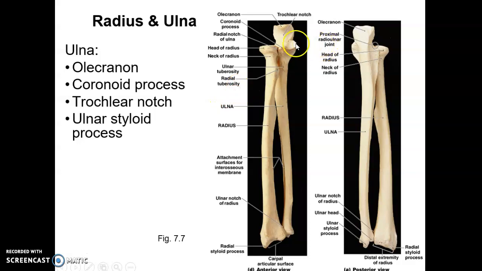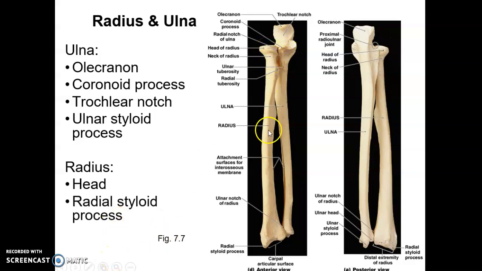Then distally, down here, there's a little bony protrusion, and that's called the ulnar styloid process because it's on the ulna, and that helps form the articulation at the wrist with the carpals. Okay, that's it for the ulna. On the radius, the head is proximal and it's round.